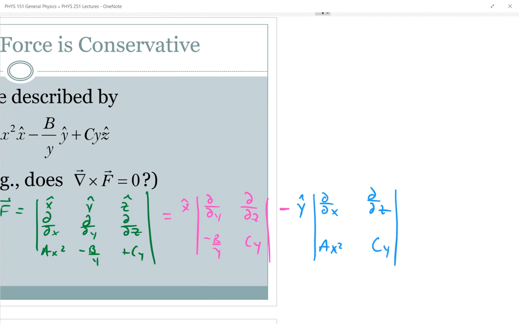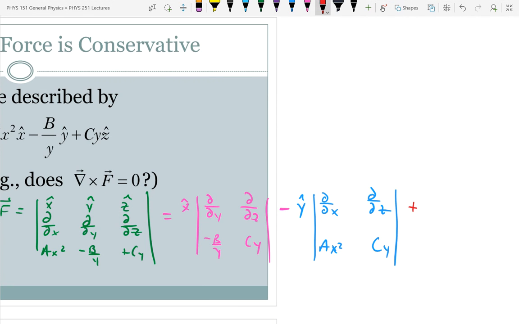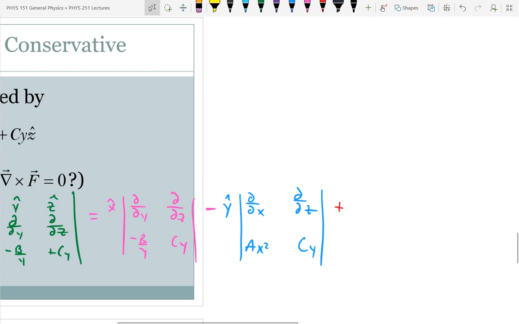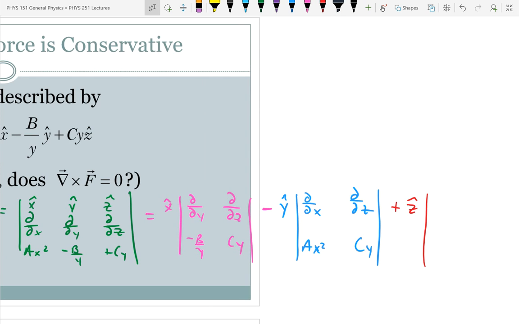And finally, somebody that's not Alex in the front row, plus, because I'm shifting the sign back, z hat, and what's the co-matrix of z hat? du dx and du dy. ax squared and negative b over y. Okay. Looks like we've got that, because no one made any mistakes the whole way through.